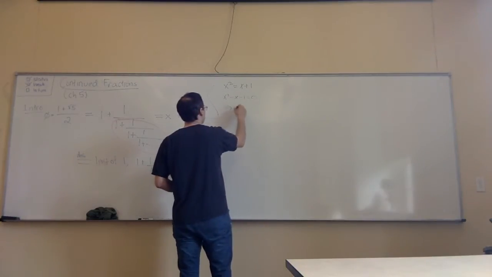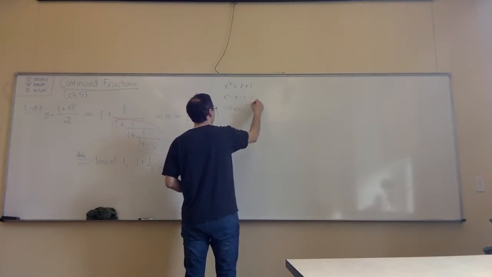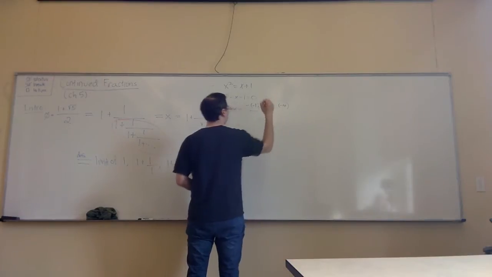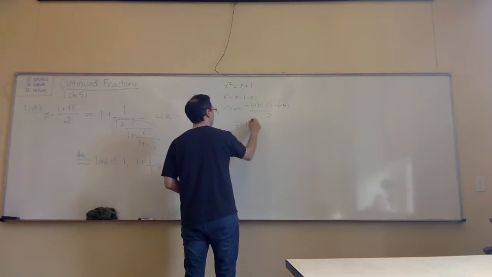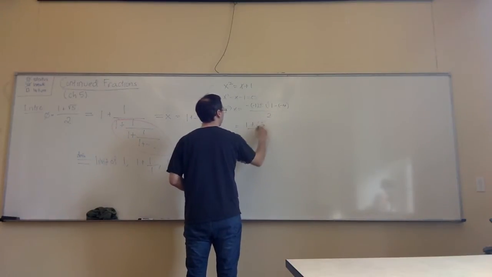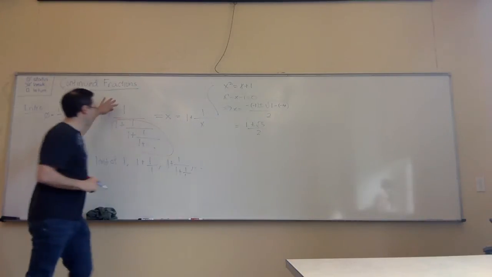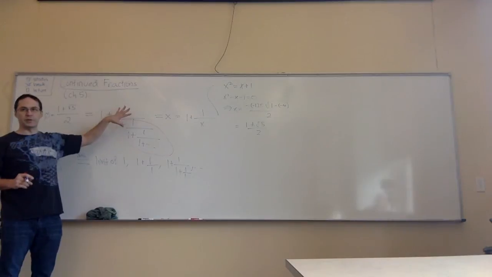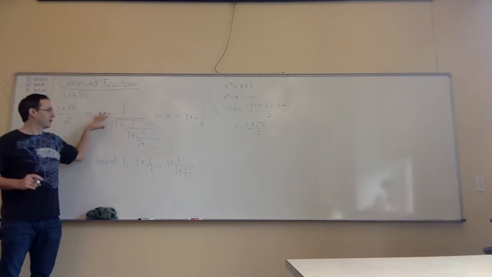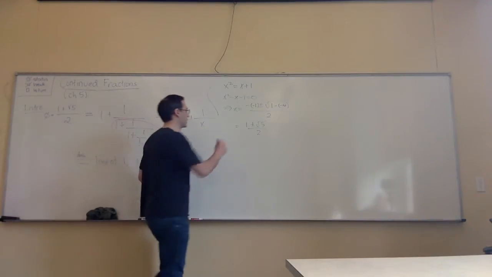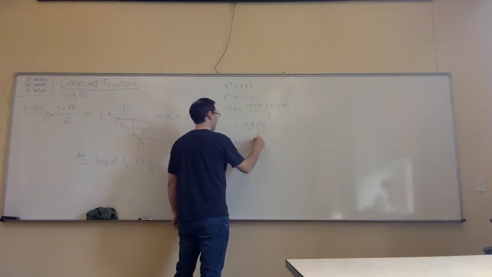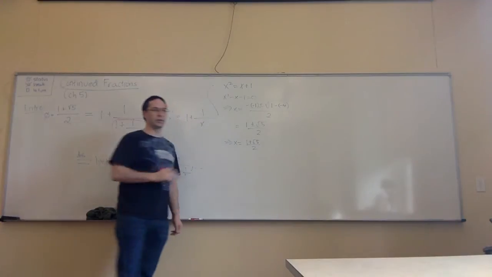That implies that x is equal to negative b plus or minus square root of b squared minus 4ac, all over 2a, which is 1 plus or minus square root 5 over 2. On the other hand, whatever this limit is, it's a limit of positive rational numbers, so it's non-negative. So x has to be the plus version of this. So x is equal to 1 plus root 5 over 2, or the golden ratio.